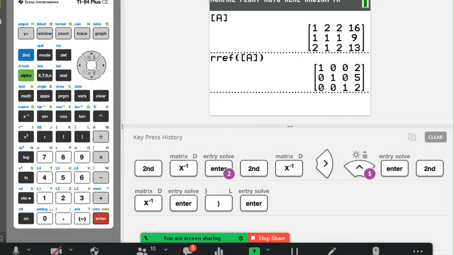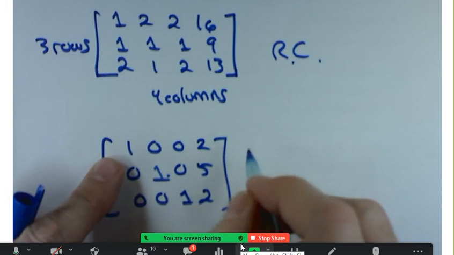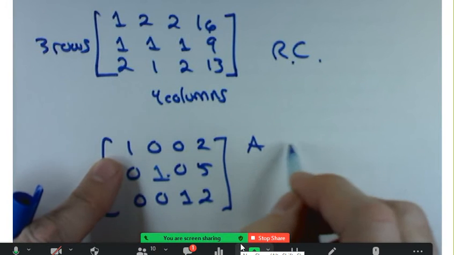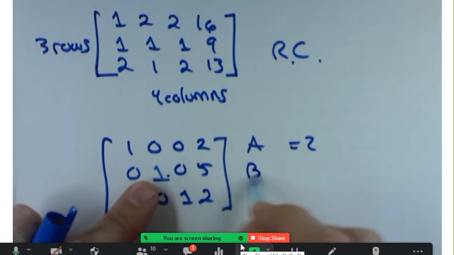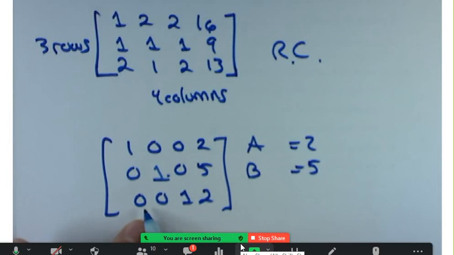So this is really saying what your solution is. This is A plus 0B plus 0C equals 2. This is 0A, which I'll ignore, 1B plus 0C equals 5. 0A, 0B, 1C equals 2.